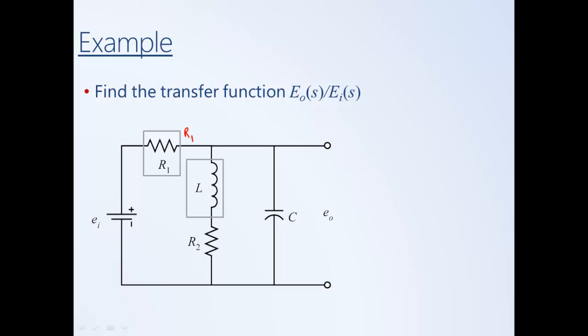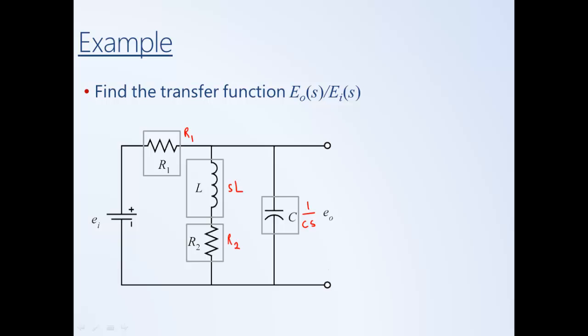You can look back on the previous slide, but it's equal to s times L. Then this resistor again, impedance is equal to resistance. And finally we have the impedance of the capacitor, where again, if you look back on the previous slide, you can see that the impedance is equal to 1 over C times s.